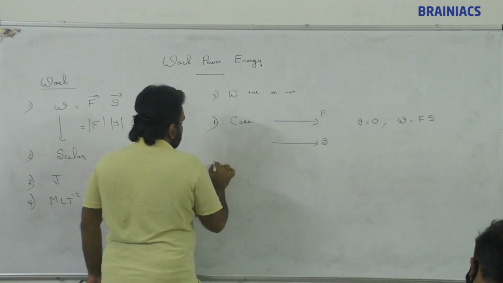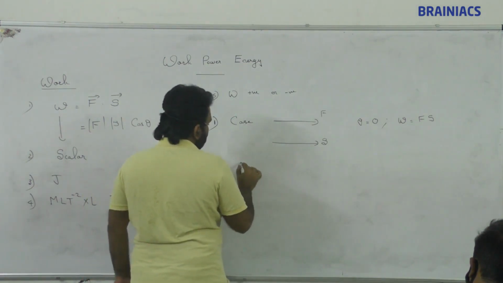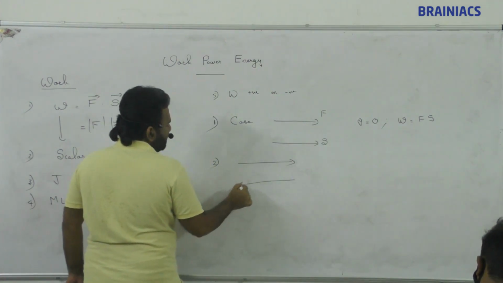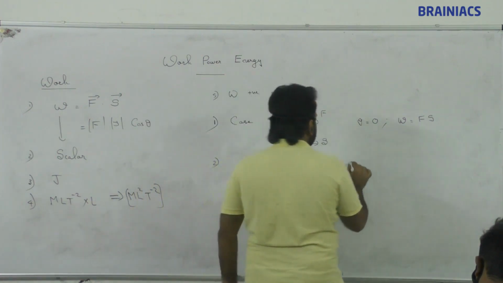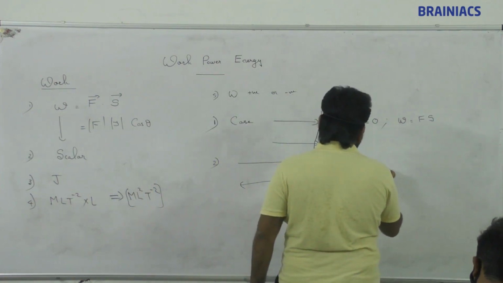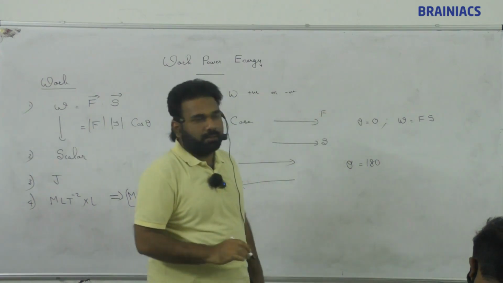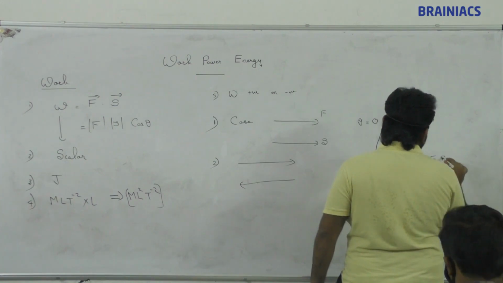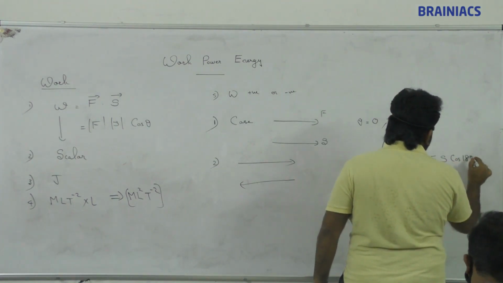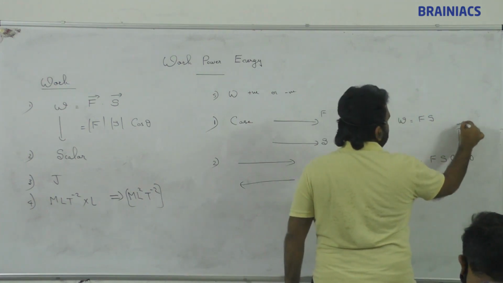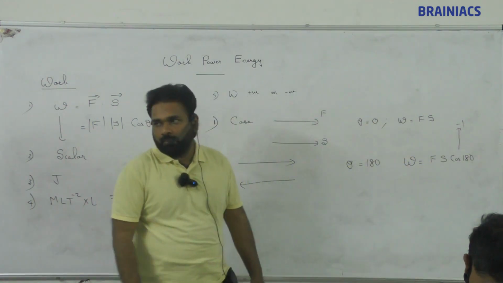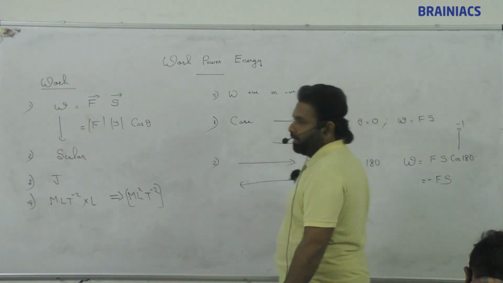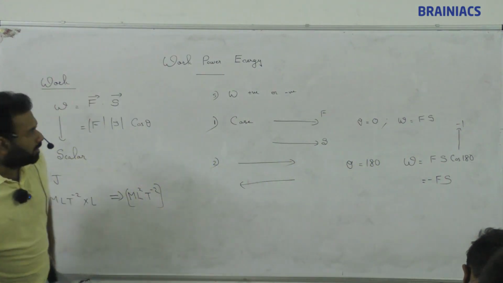Second case, if the force is in this direction and displacement is in the opposite direction, then what is theta? 180 degrees. Cos 180 is minus 1. So this is going to be minus F S.